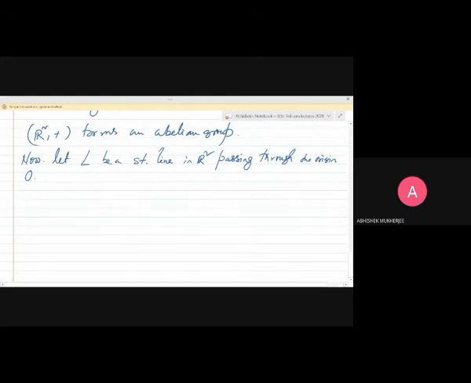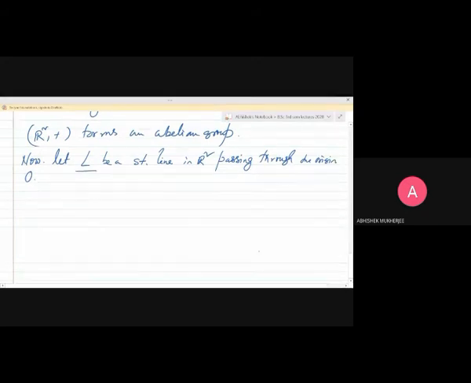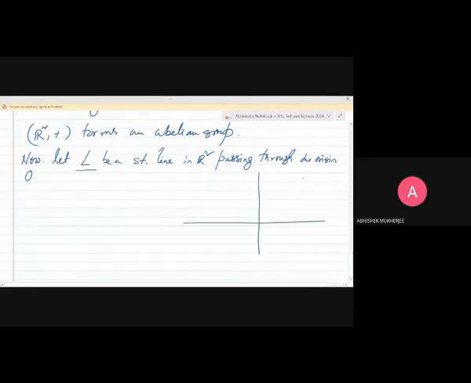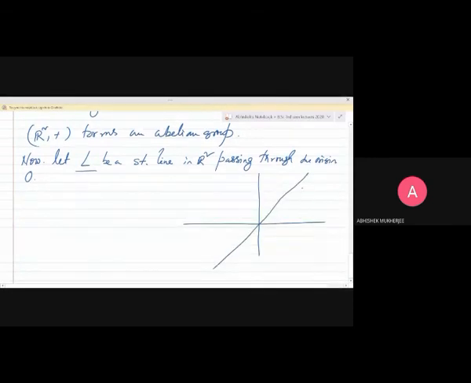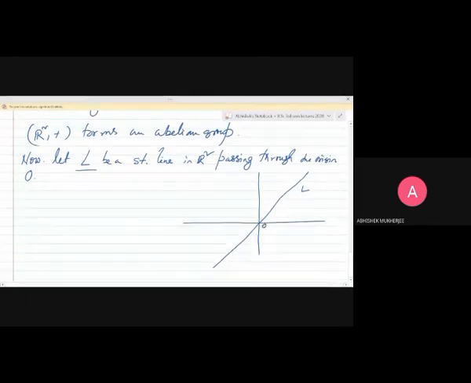Then you can check that this L, so suppose this is your plane and suppose this is your straight line L, and this is your origin. Now this L will form a subgroup first. And being an abelian group, we shall get that L will be normal. Okay.